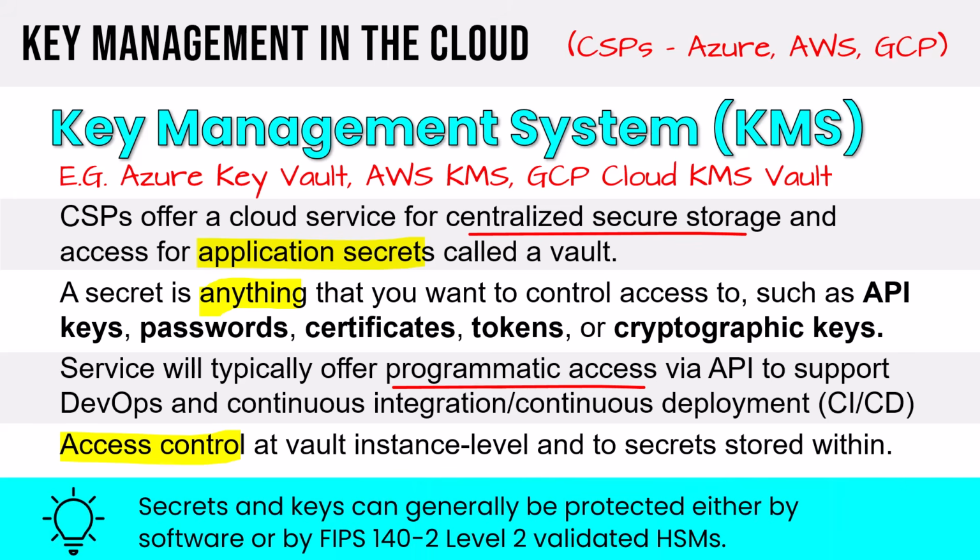Secrets and keys can generally be protected either by software or by a FIPS 140-2 Level 2 validated HSM. And whether you let the CSP manage keys in the back end, or you require hardware management yourself, or need to bring your own keys, that level of support is going to vary by CSP and you'll want to have those conversations directly. So let's shift gears and talk identity and access control.